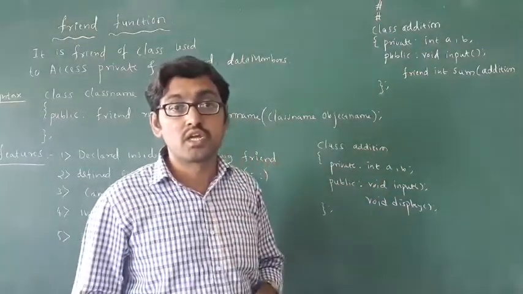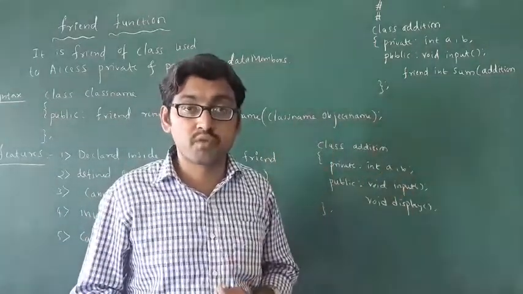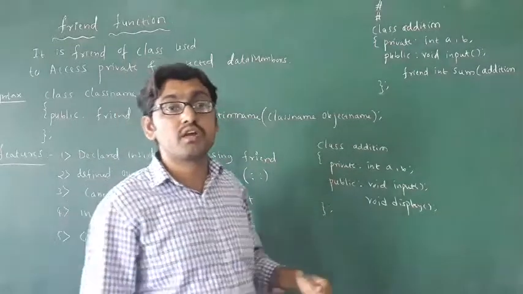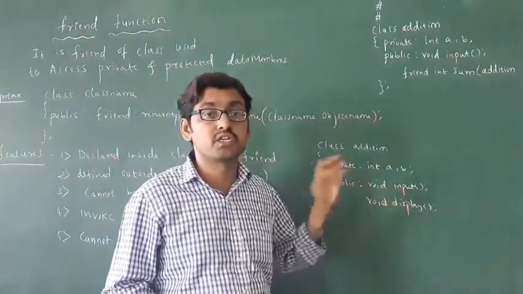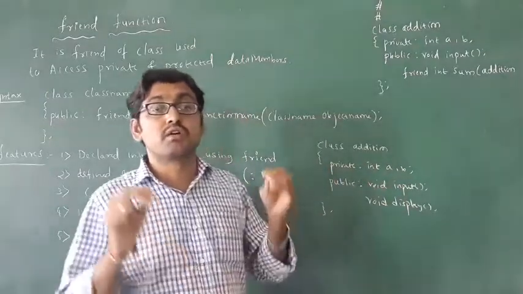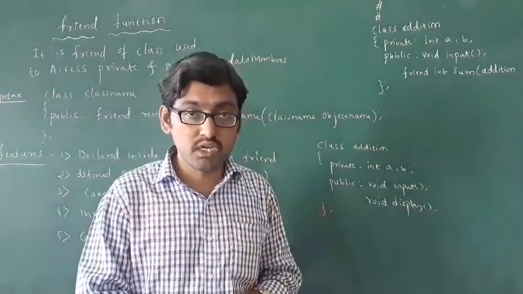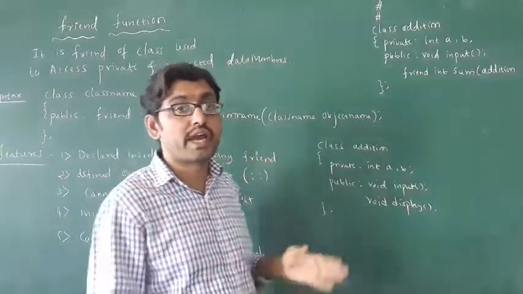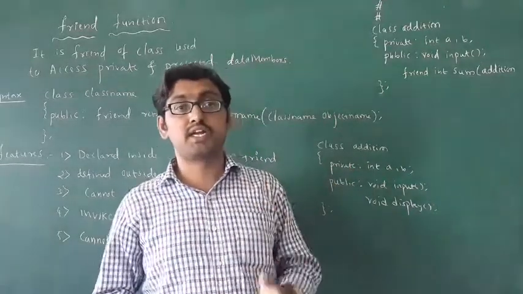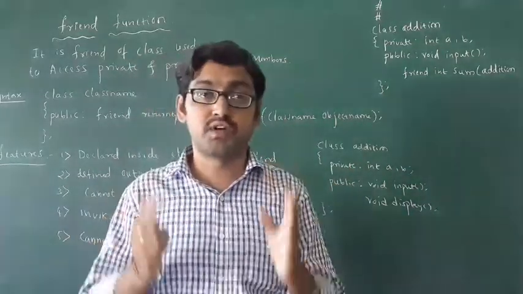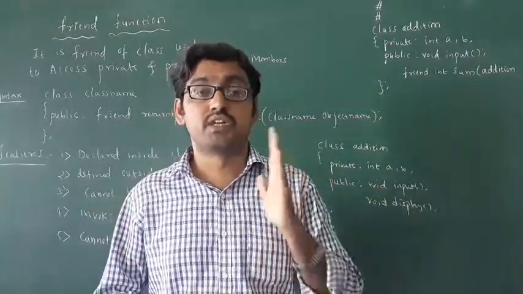Without using the dot operator or scope resolution operator, I want to access a and b, and these member functions. How is it possible? That is possible only from a friend function. If you want to access private and protected data members and member functions outside the class, you can use a friend function.